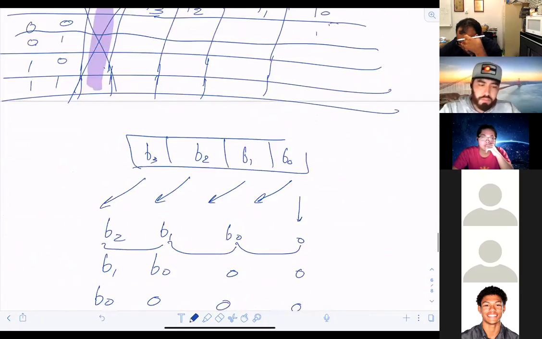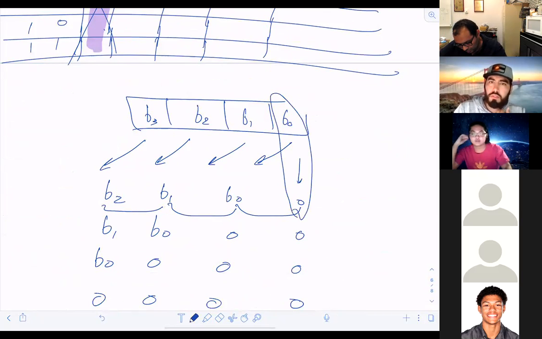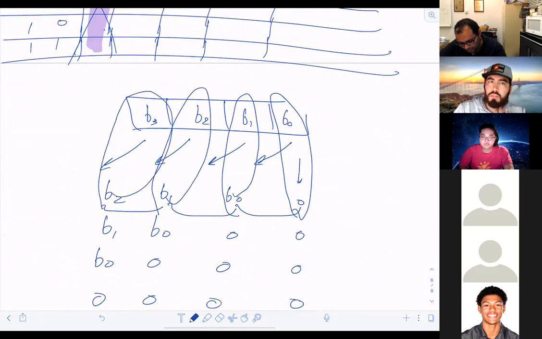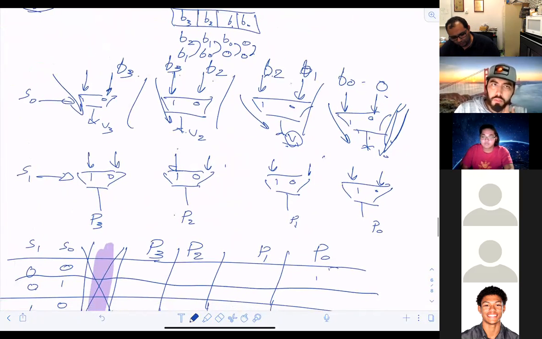Oh my gosh, one second. That will be B0, 1, that will be B0, B1, that will be B1, B2, that will be B2, B3, B3, right? So let's see what I did here. Yes, exactly. That was my mistake. I'm sorry.